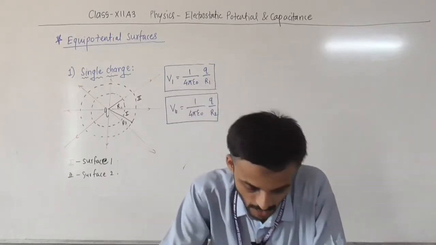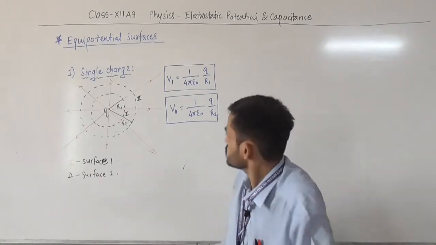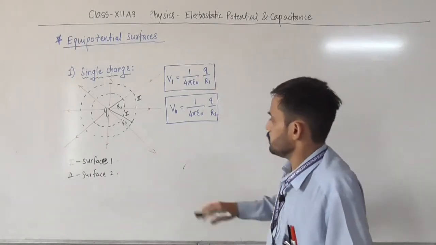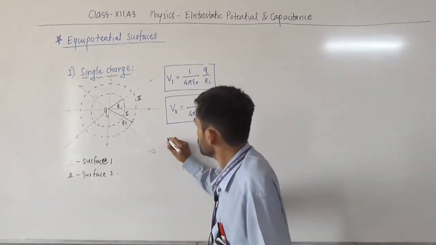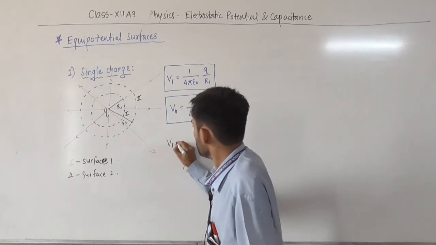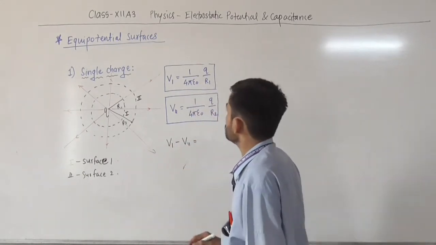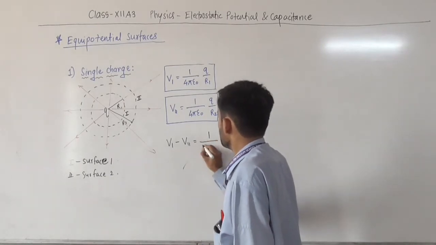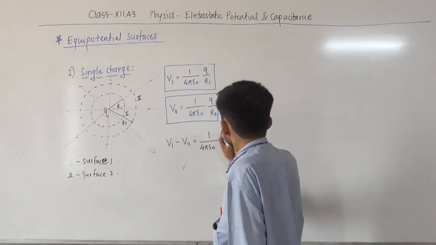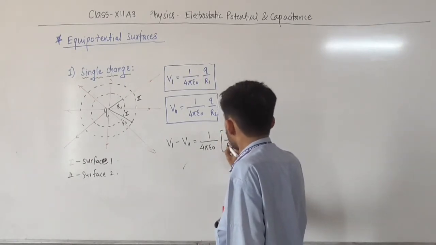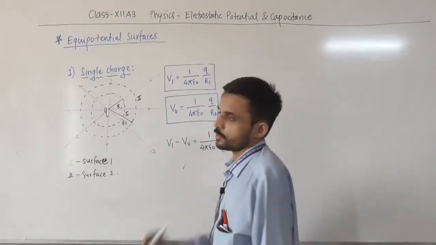बन गया. Now if I will go for V1 to V2, then potential difference V1 minus V2 will be, how much it will come? 1 by 4 pi epsilon naught Q upon R1 minus Q upon R2.